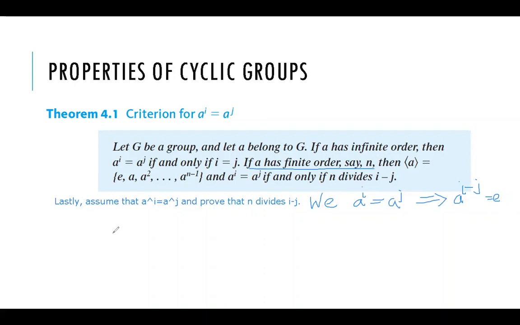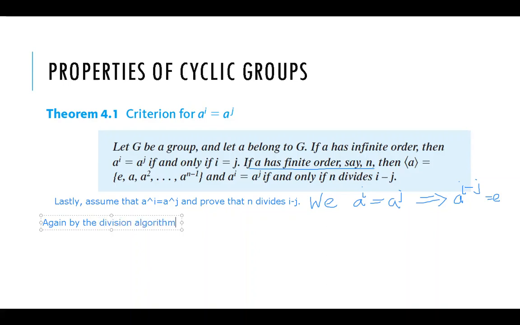And again, by the division algorithm, because we already know that the order of a is finite, so a^n is equal to e. And order means this is the smallest such positive integer such that a^n is equal to identity. So that is why we will use the division algorithm here.